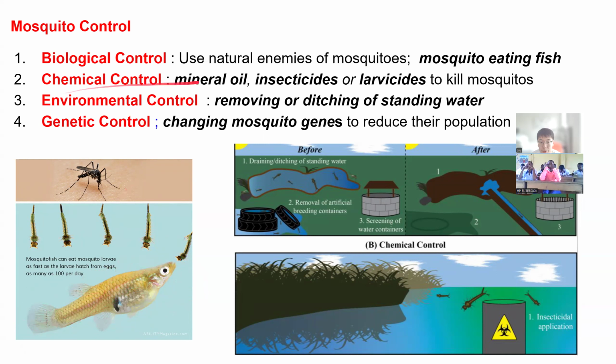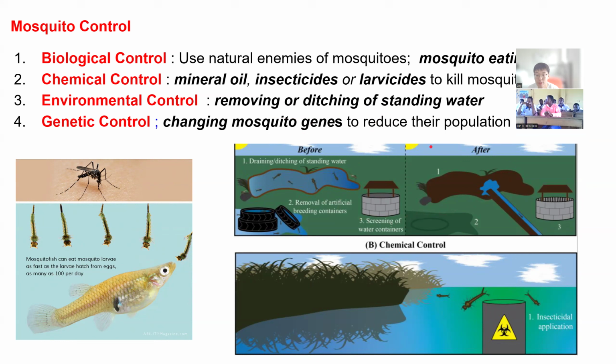Another control is chemical control, like we saw, which uses mineral oil, insecticides, and larvicides to kill the mosquitoes by spilling it in the water. There's also environmental control, which is about removing or ditching of standing water, of stagnant water.